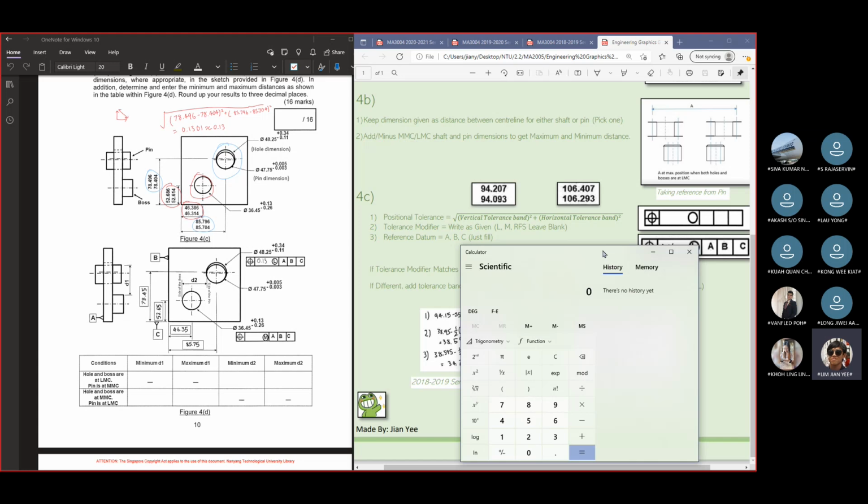Then for the bottom one, it's the same method. I'll just use a red pen this time so it's clearer for you all.